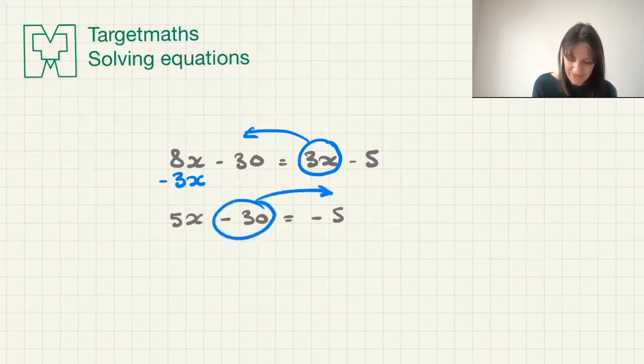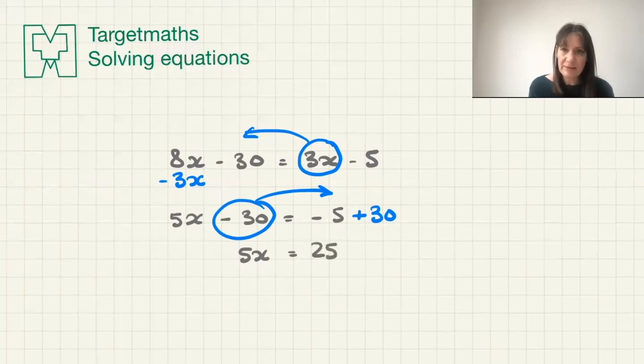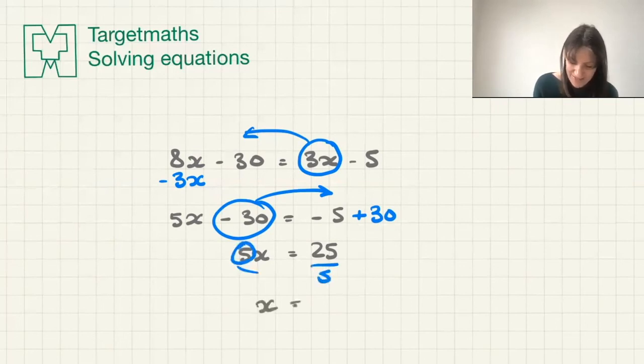So we've got plus 30 landing. 5x is left. Minus 5 plus 30 is going to take me to 25. Now you put a negative in there. Okay, we're going to divide through by the 5. And our x is equal to 5. 5 into 25 is 5. If you got that right, brilliant, well done.